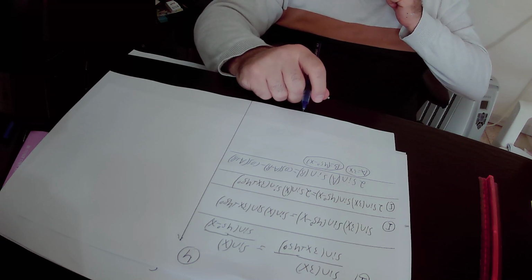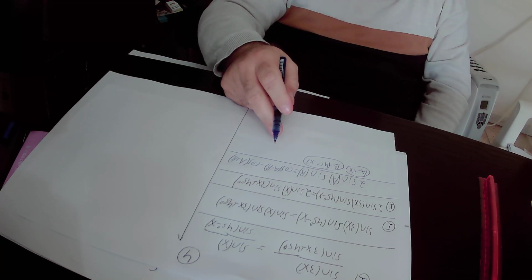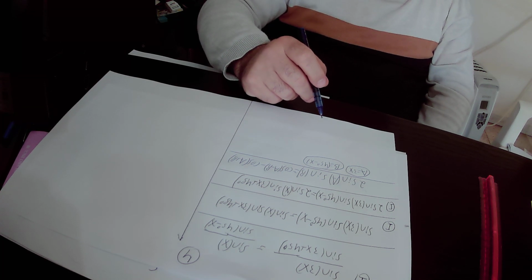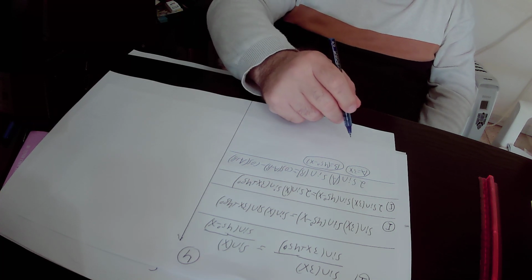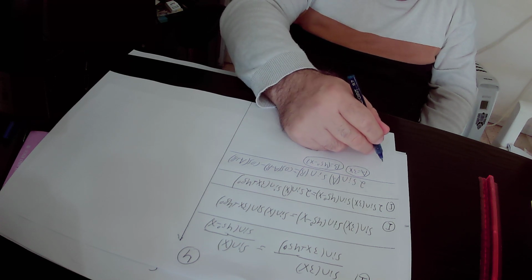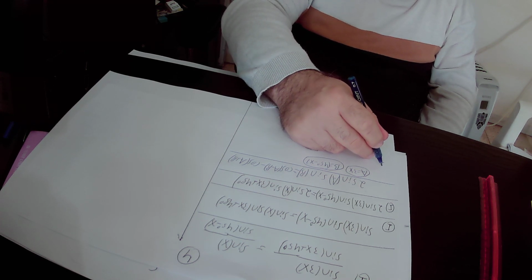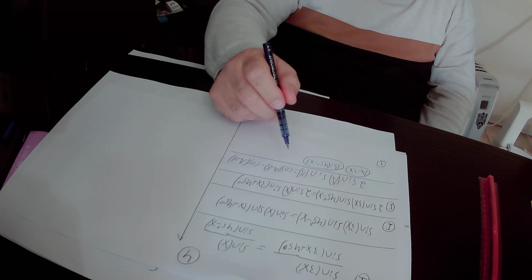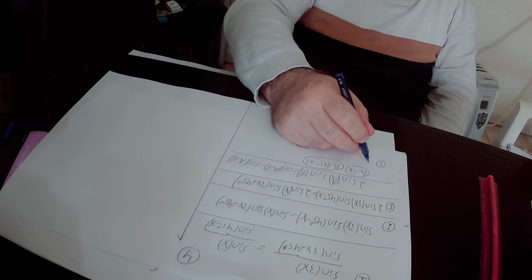And we will get, according to this trigonometric identity, that 2 sine 3x sine (45 degrees minus x) will be equal to cosine (A minus B).